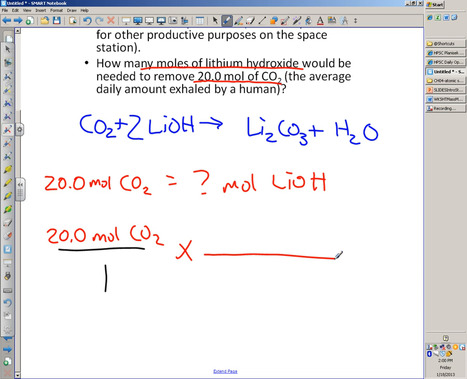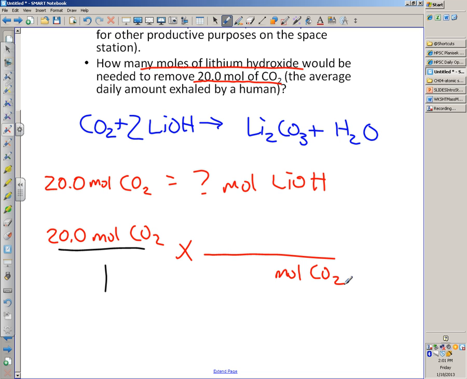Alright? Nothing changes. Now, when we've been doing these conversion problems in class, I always tell you guys to start with units. Right? So what unit has to go on the bottom of this conversion factor? Specifically moles of what though? Moles of CO2 has to go on the bottom of this conversion factor. Alright? What unit has to go on the top?